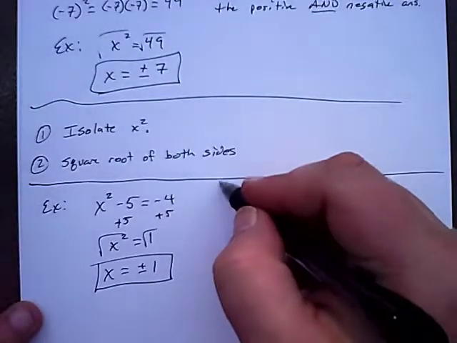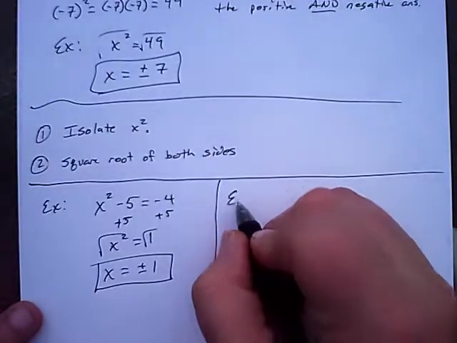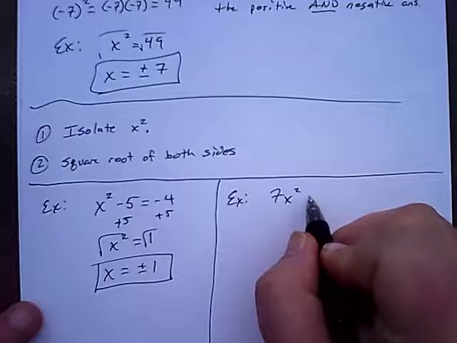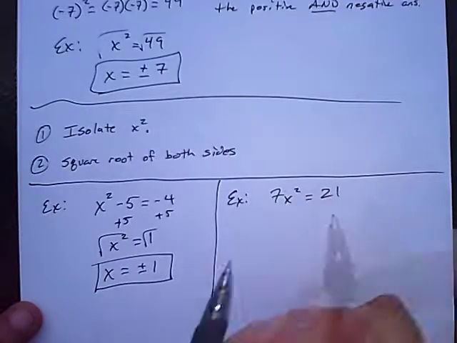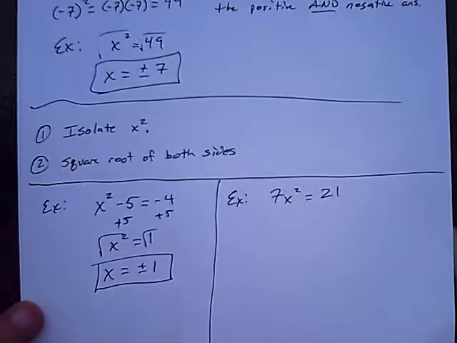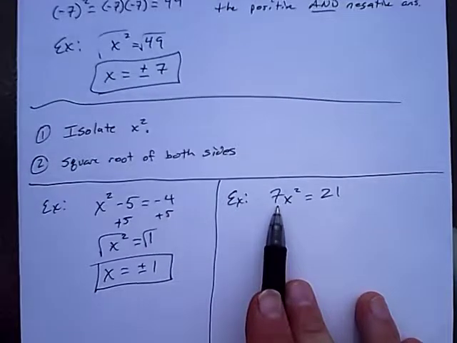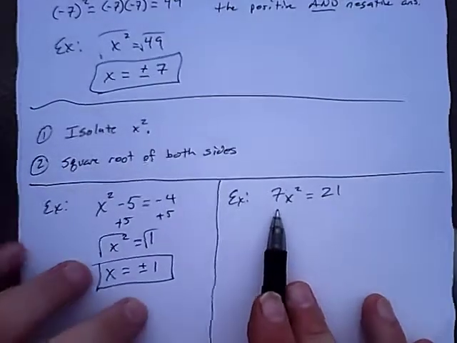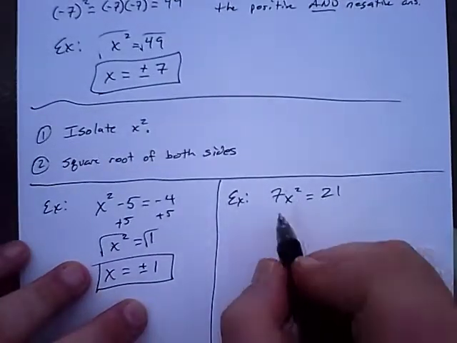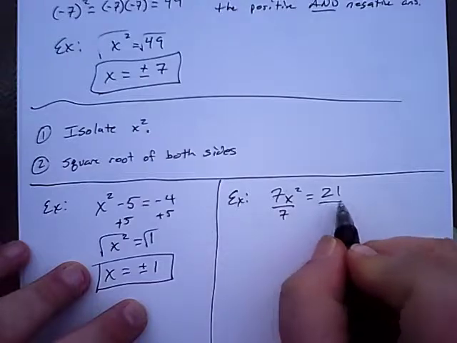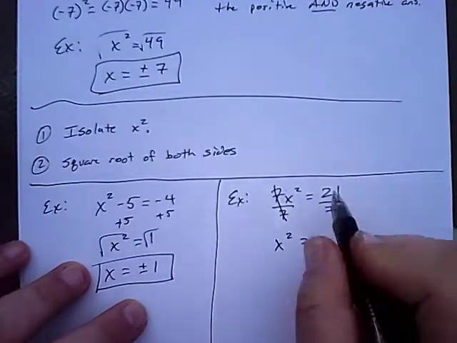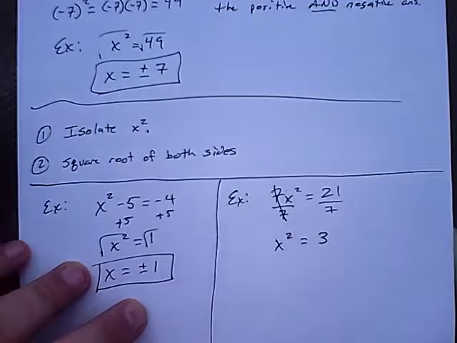Let's take a look at another example. We have 7x squared equals 21. Now I have a multiplier in front of x squared, and we know that between 7 and x squared it's multiplication, so we get rid of that with division. We divide by 7, and we're left with x squared equals 21 divided by 7, which is 3.